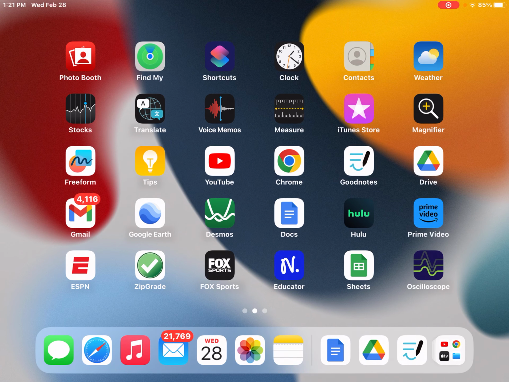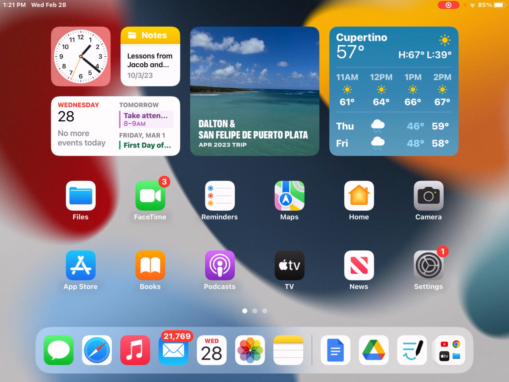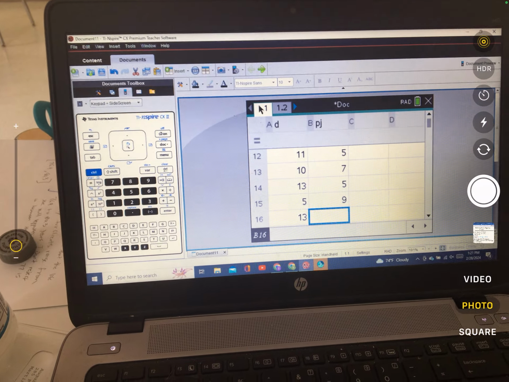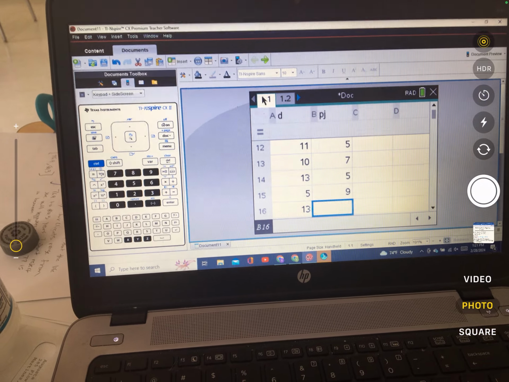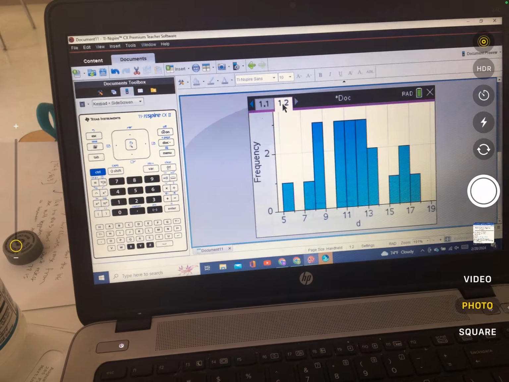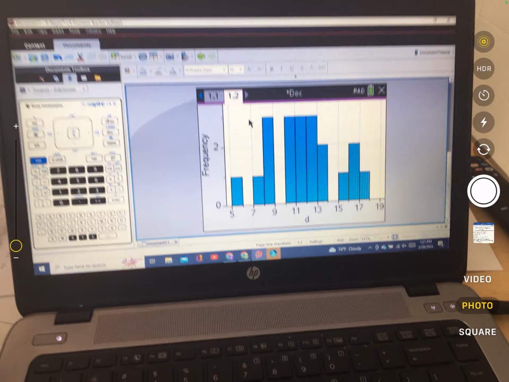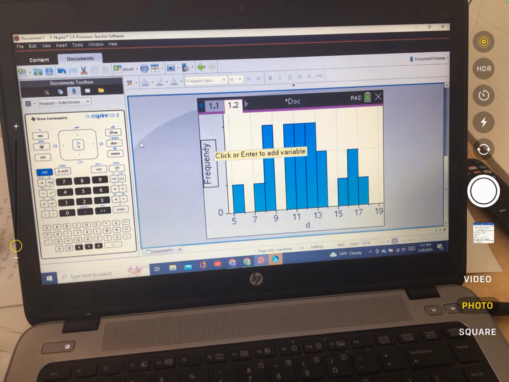Let me access my camera and just kind of show you what I see on the screen. So I took a moment to enter the data into the calculator. And right now, I see the brand D histogram. That's way too many bars.